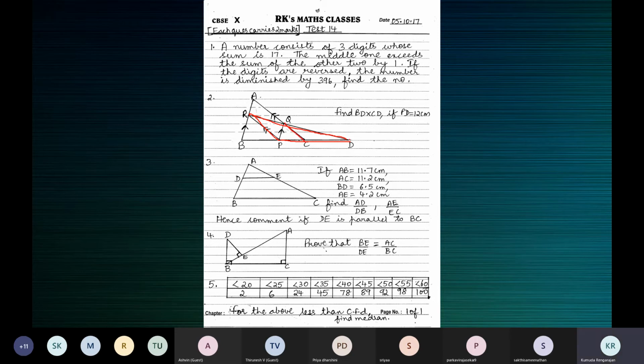Yeah. Now again, which are the triangles you should take up here? The small triangle DQC and the big triangle DRP. In the same way, show that they are similar. Corresponding angles are equal. Parallel lines, no?